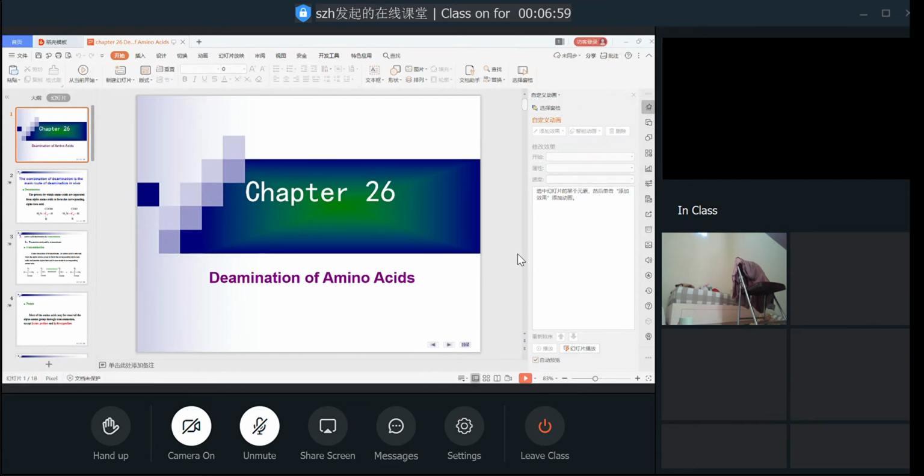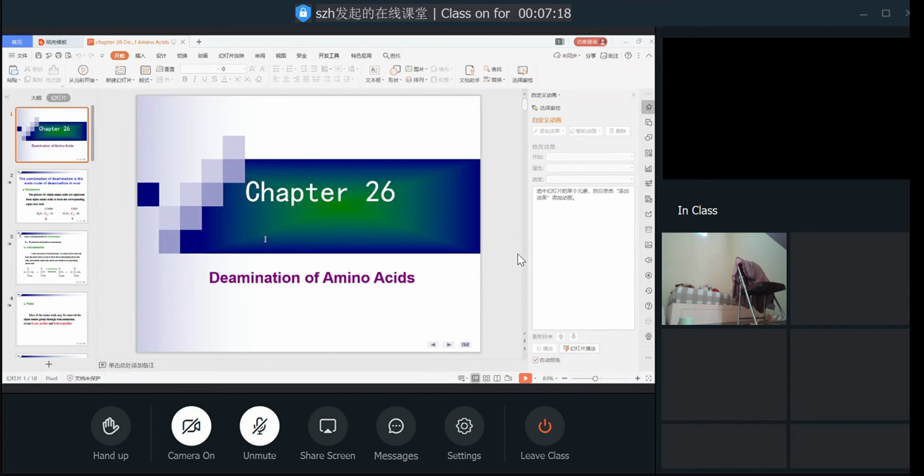Okay, today we first begin to study the carbon skeletons of the amino acids, and the first question is the deamination.